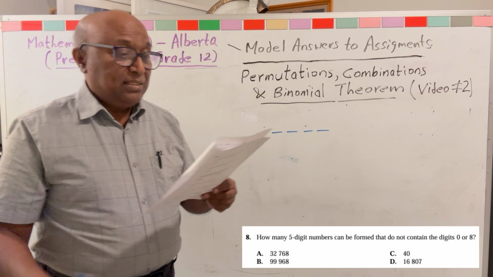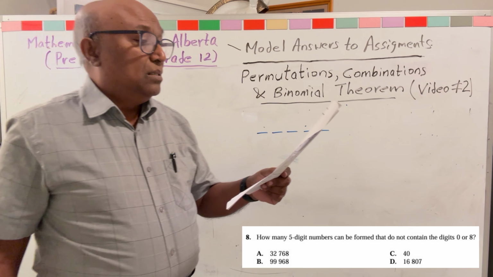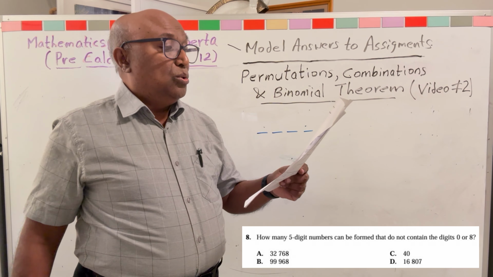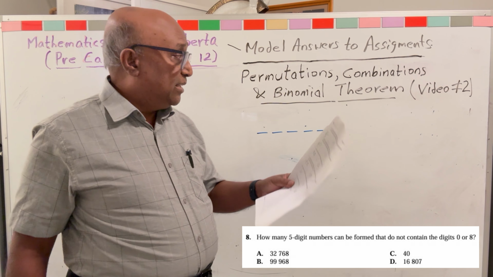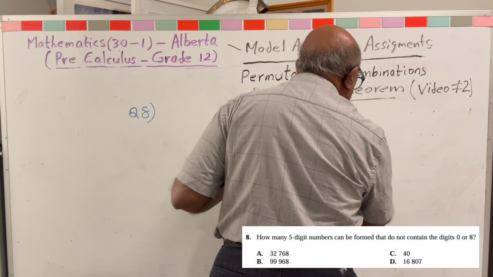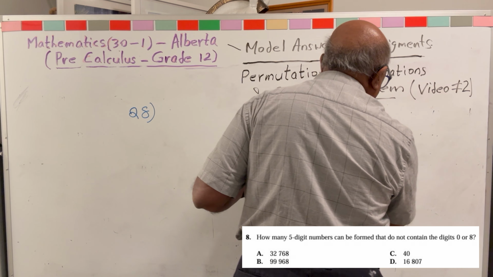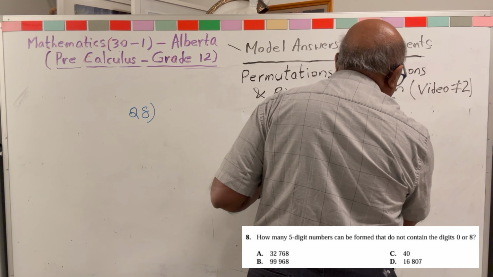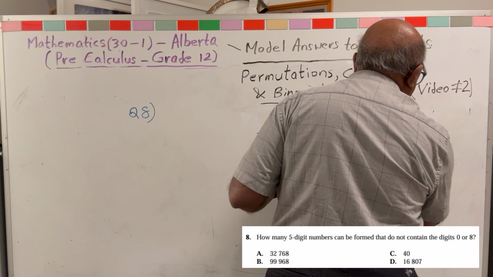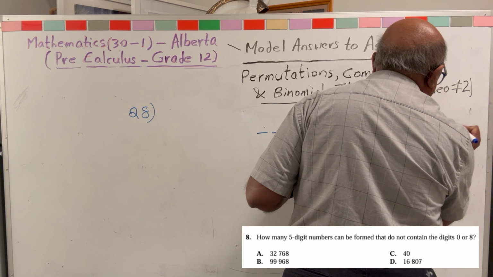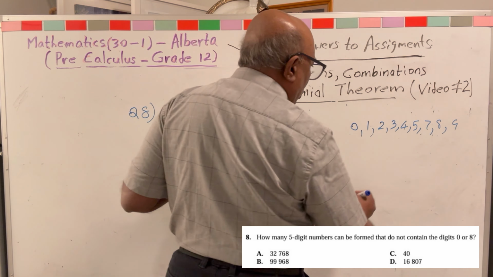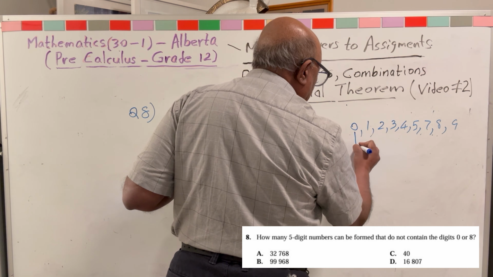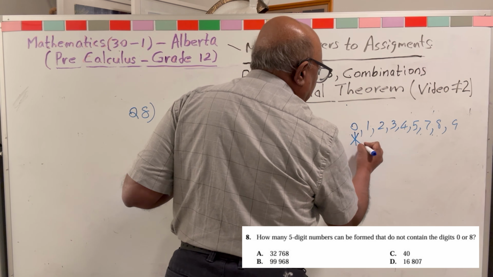But there is a restriction. Those numbers do not contain the digits 0 or 8. What are the digits? 0, 1, 2, 3, 4, 5, 6, 7, 8, 9. That means we are not allowed to use 0 or 8.